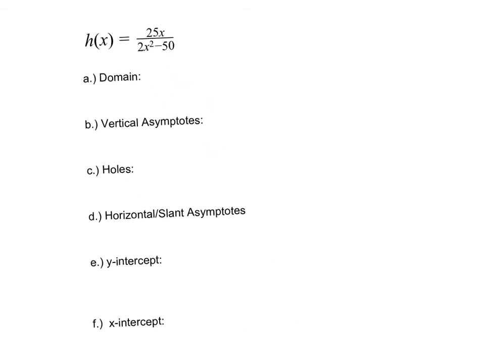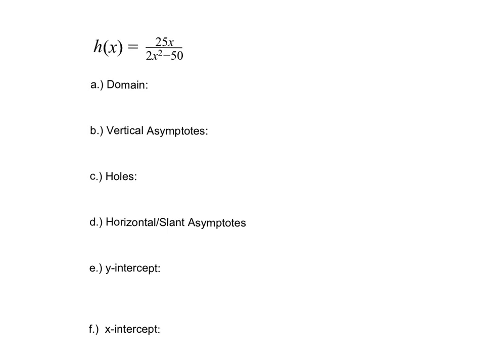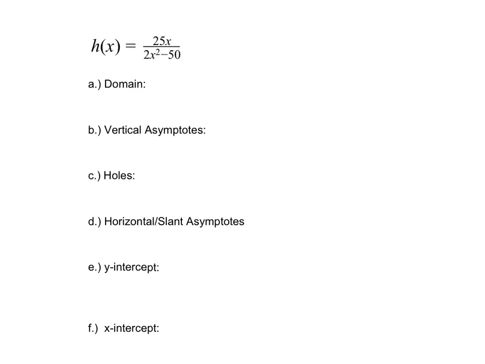Okay. Let's move on to our second example. So we have h of x equals 25x over 2x squared minus 50. In order to find our domain, we're going to want to factor our denominator. So our numerator is going to stay 25x.